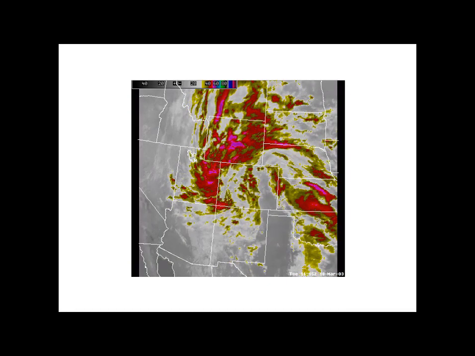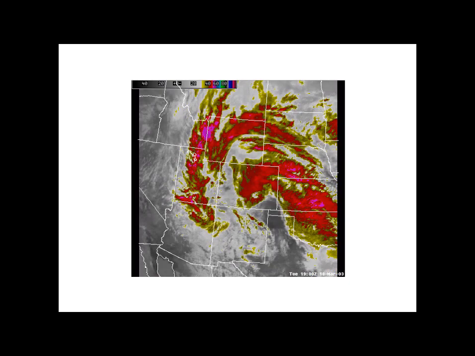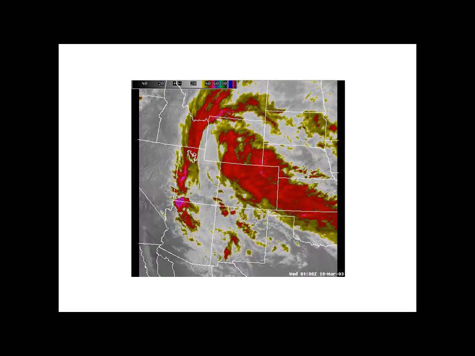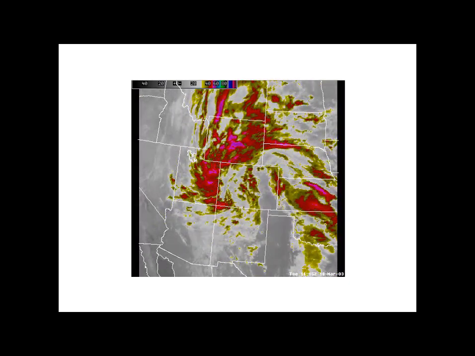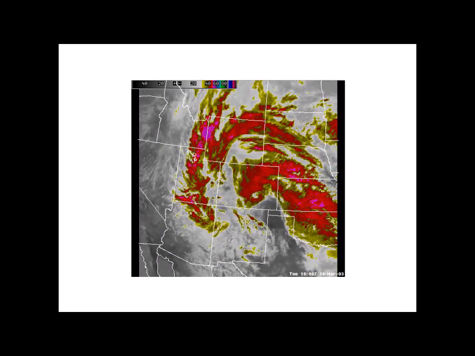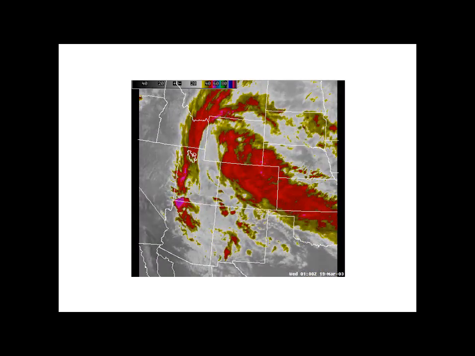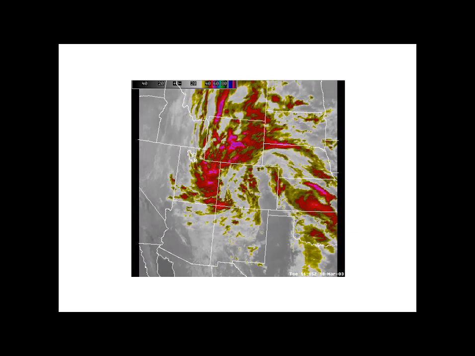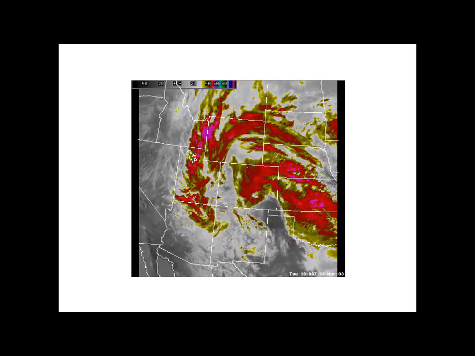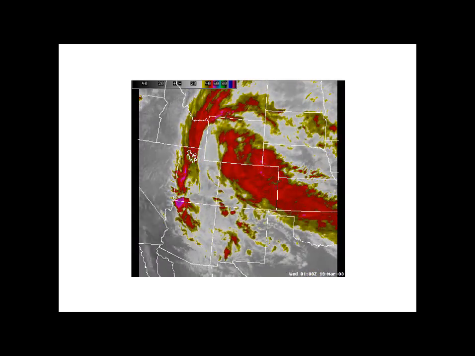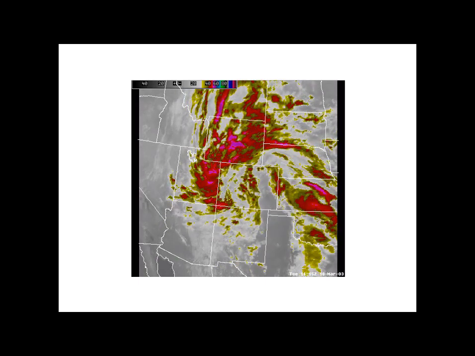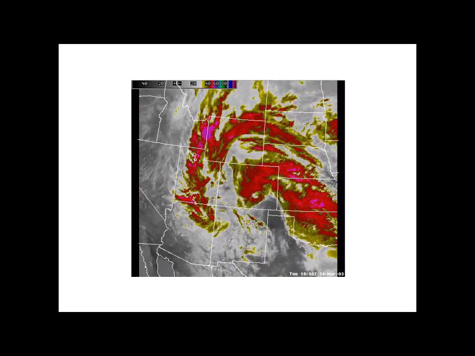Now we're going to look at the GOES infrared loop beginning at 10:15Z on the 18th, running through 1:15Z on the 19th. We can see new convection starting late from where the previous loop left off, and we see now that it is indeed associated with a second shortwave and an invigorated warm conveyor belt.